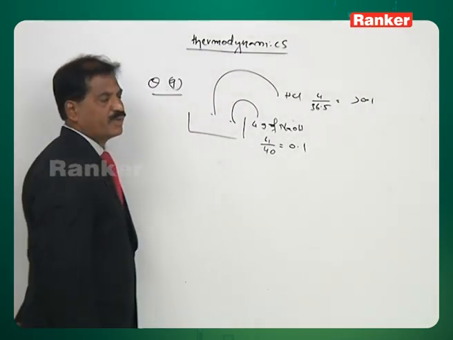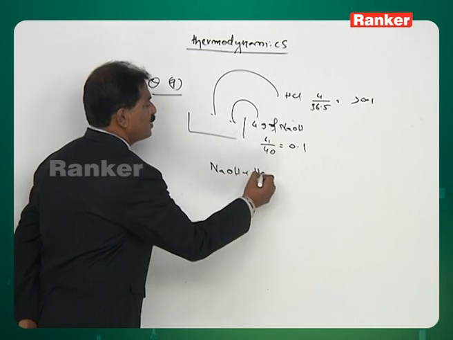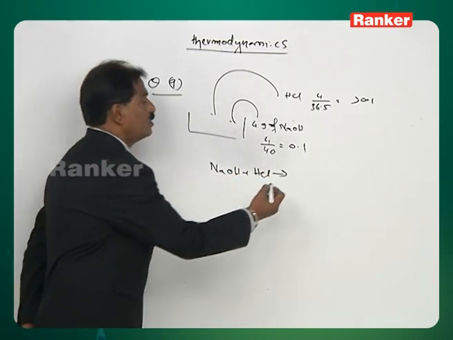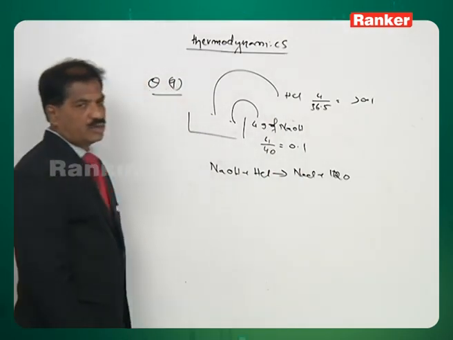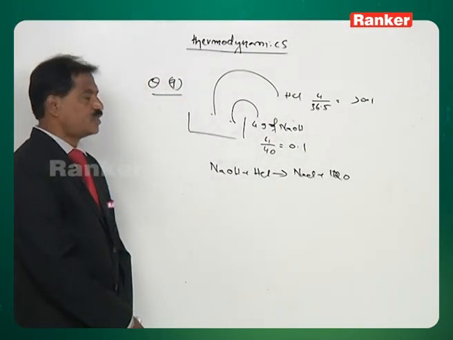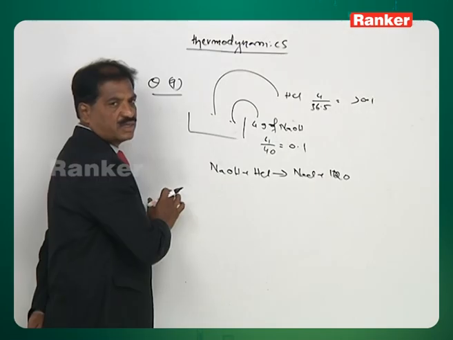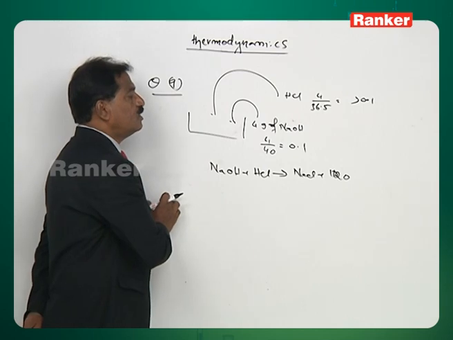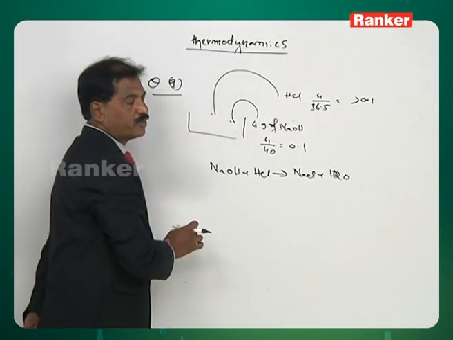Next, represent the neutralization reaction between HCl and NaOH. The neutralization reaction gives NaCl plus H2O. According to the principle of heat of neutralization, X equivalents of the first reactant always combine with X equivalents of the second reactant. Here, one reactant is taken in lesser proportion, another in more proportion.